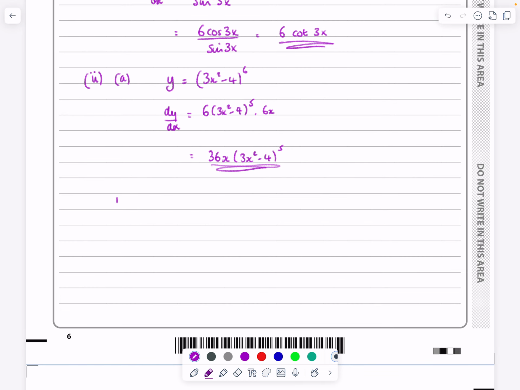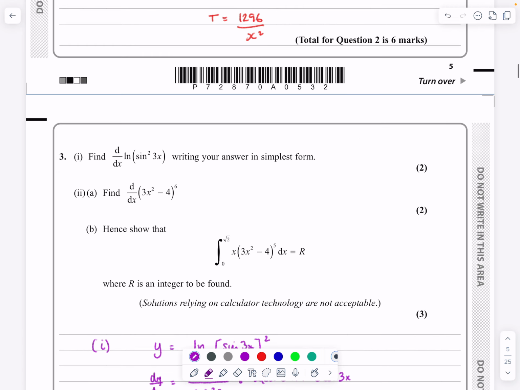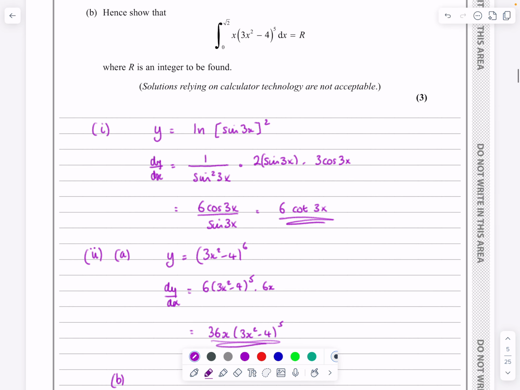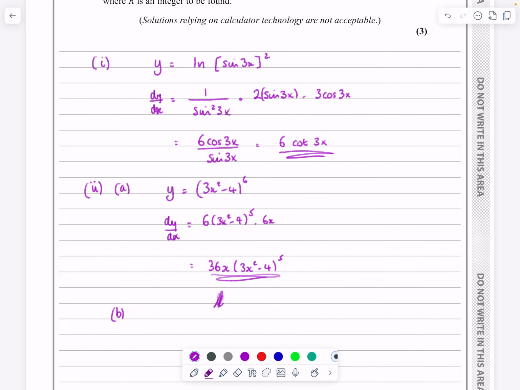Part B then, let's go back and have a look at it. Part B says, can we integrate x(3x squared minus 4) to the power of 5? So look, what we know over here is that the integral of 36x(3x squared minus 4) to the power of 5 would give us that function there. So we can use all the information we've done so far.